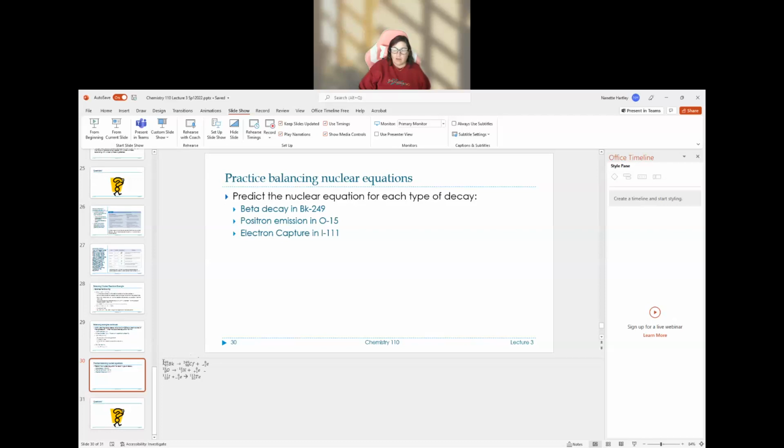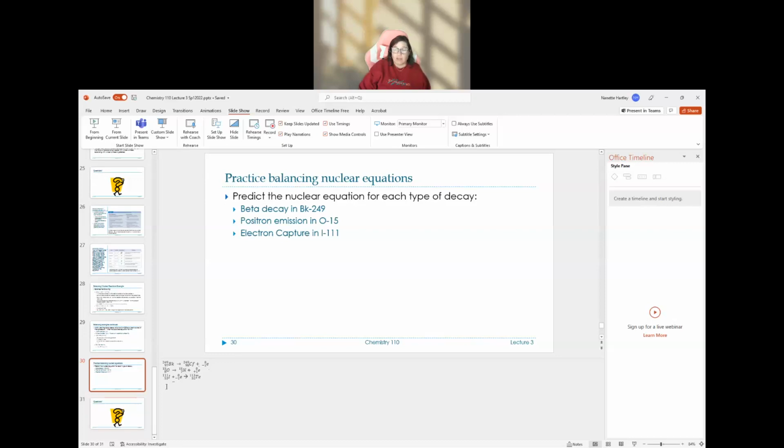So 249 goes to 249, and 97 has to go to 98, and that's Cf. We have positron emission in O-15, which is 8, giving 0, +1 e. My mass number is still 15, and my atomic number has to go down 1 to 7, which gives me nitrogen.